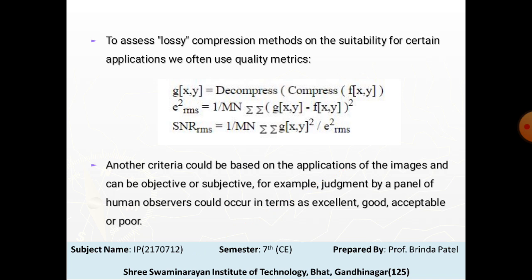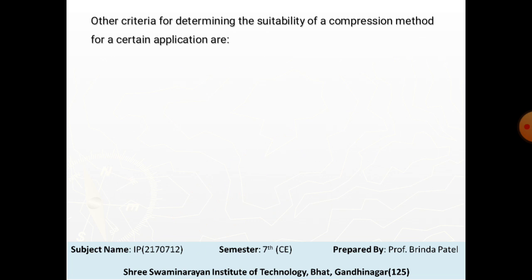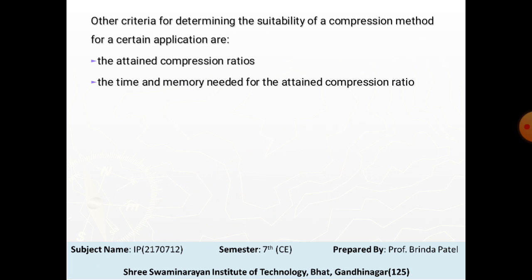Another criterion, which is based on the application of the images, can be objective or subjective. For example, judgment by a panel of human observers could be in terms of excellent, good, acceptable or poor. Other criteria for determining the suitability of a compression method for a certain application are the attained compression ratio, the time and memory needed for the attained compression ratio, and the time and memory needed for decompression.